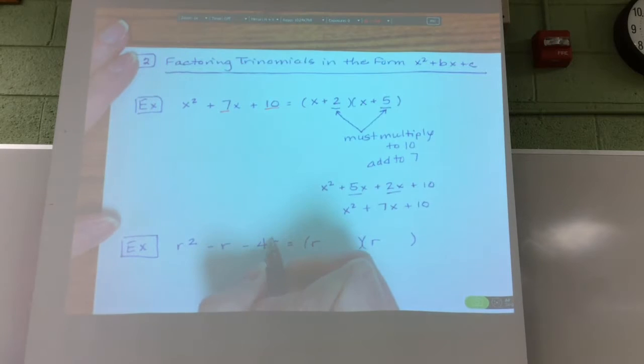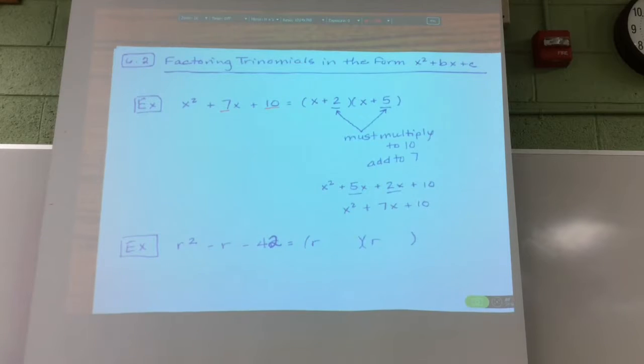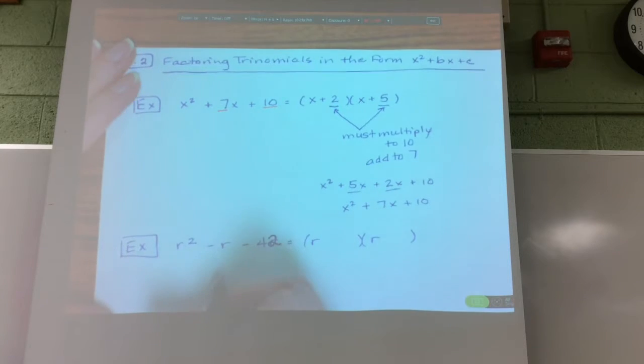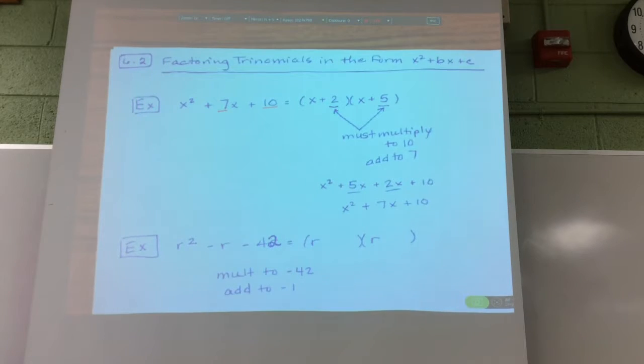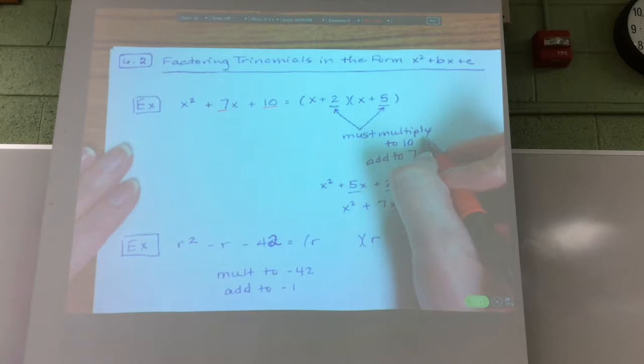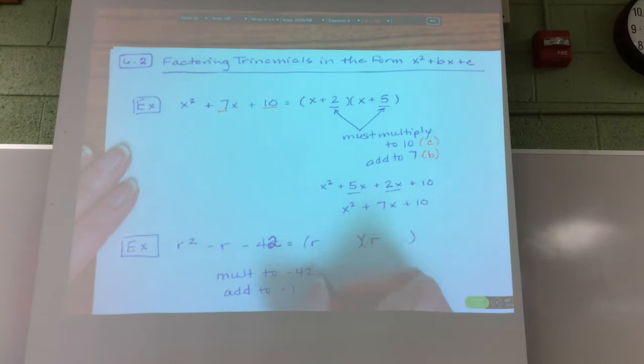Since I have a negative 42 right here, it has to multiply to negative 42, and add to whatever b is, which is negative 1. Up here, it had to multiply to 10, which is what c was, and add to 7, which is what b was. So this is your c, this is your b.